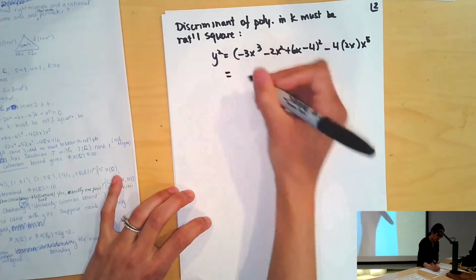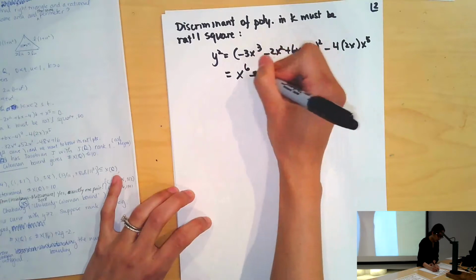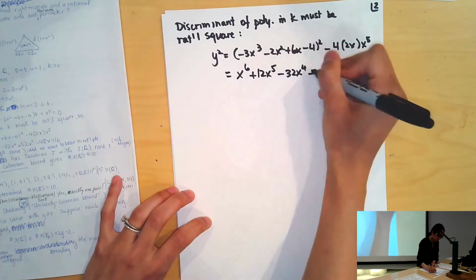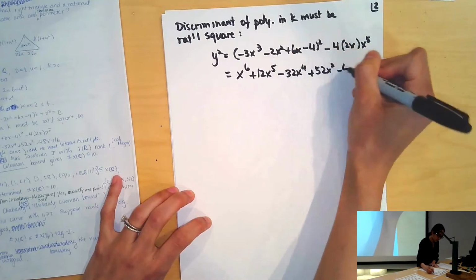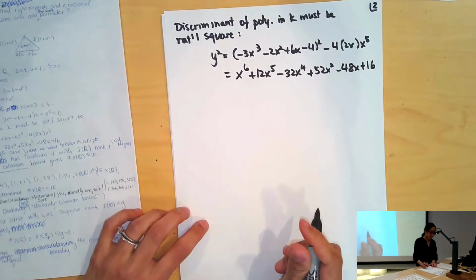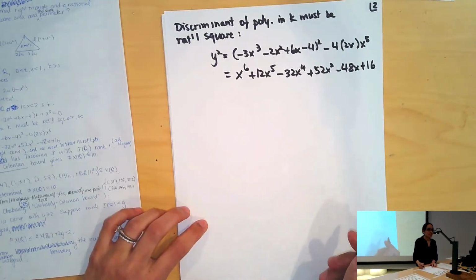And if we rewrite this a bit, here's what we get. And we have a genus 2 curve.